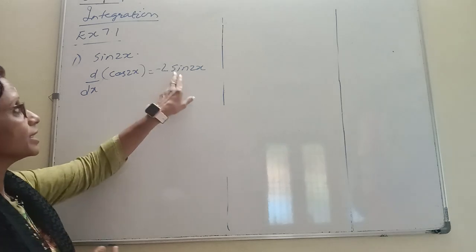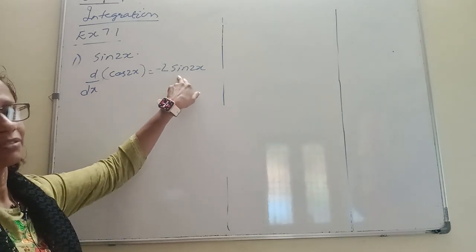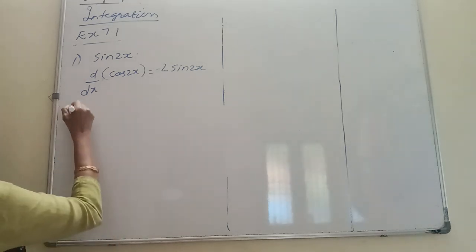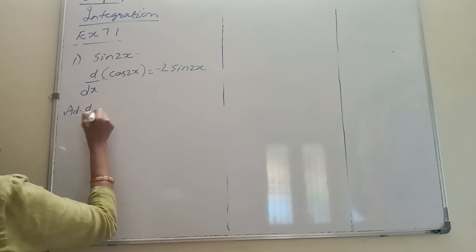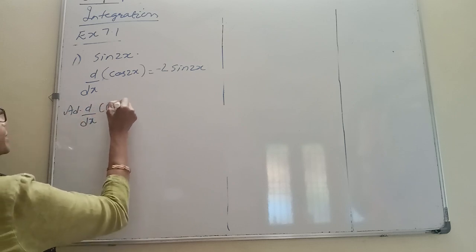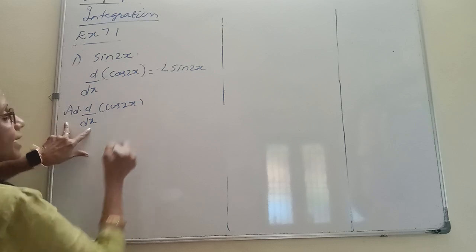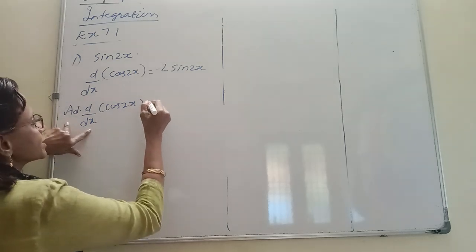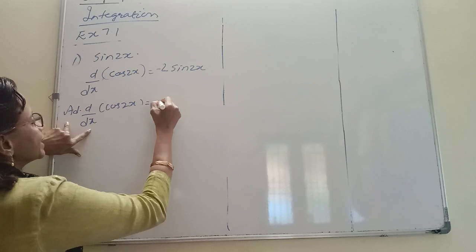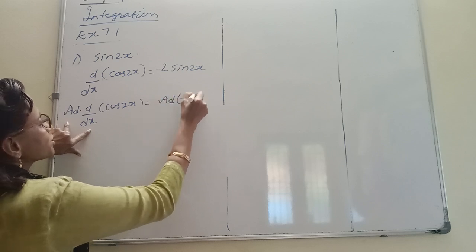Now since you want the integral or the antiderivative of this, we apply antiderivative on both sides. When we apply the antiderivative to this derivative, it becomes an identity function because they are opposites of each other, and here we are applying the antiderivative of minus 2 sine 2x.